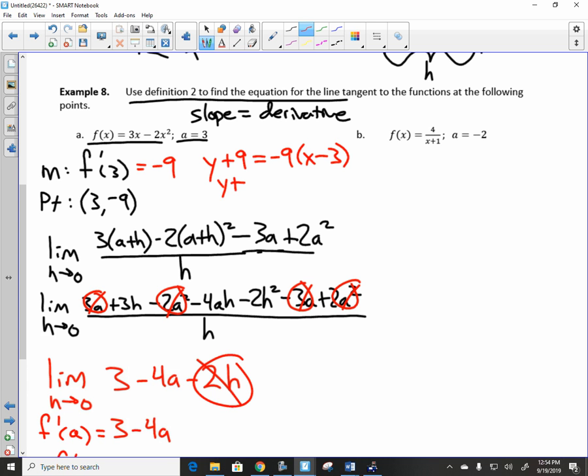So y plus 9 is equal to negative 9x plus 27. y equals negative 9x plus 18. Now I could graph that, and it will be tangent.